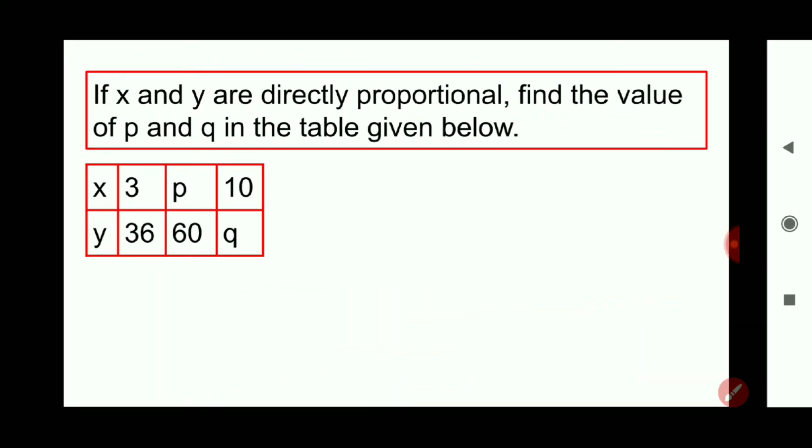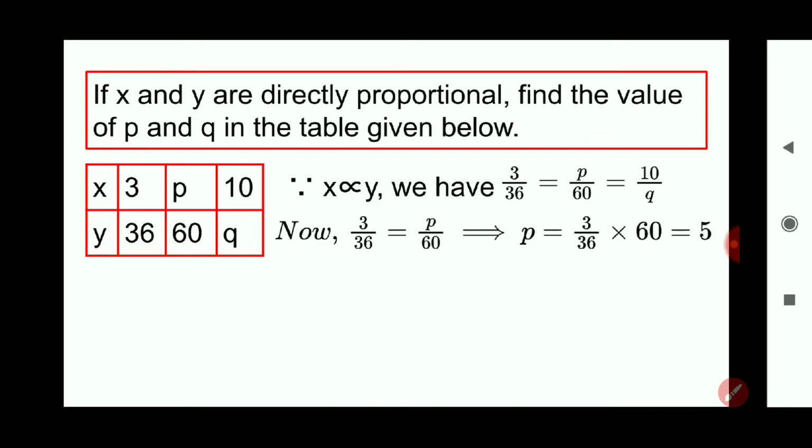One more question. If x and y are directly proportional, that means the relation between x and y is already given. They are directly proportional. Find the value of p and q in the table given below. Because it is directly proportional, we can write 3 by 36 is equal to p by 60 is equal to 10 by q. Take first two ratios. That is 3 by 36 is equal to p by 60.